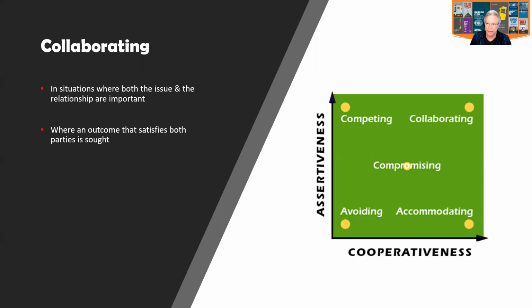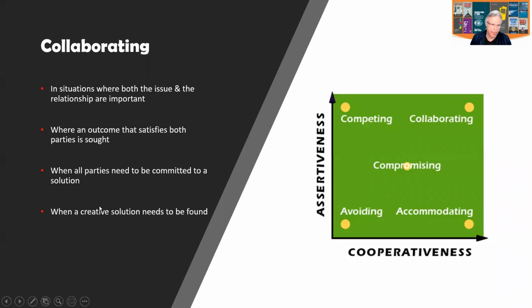Obviously, if one party is not very motivated to resolve the problem, whatever it might be, then collaboration may not work in that case. Another example where it would be very useful is where all parties need to be committed to a solution. It's a bit similar to the second one, but when both parties have a strong desire to get a result, a strong motivation, then obviously they can enter into a conversation or two or even three that might help to resolve that issue.